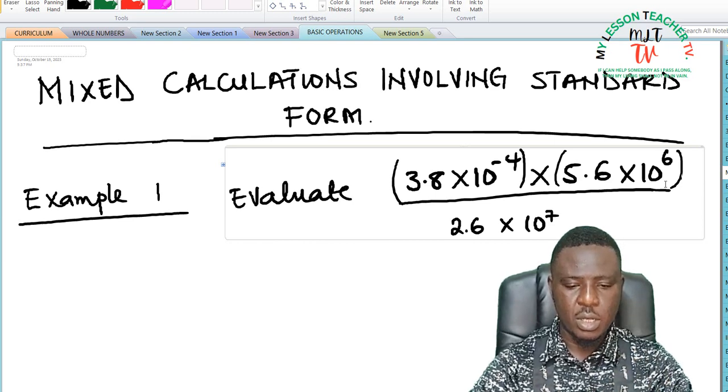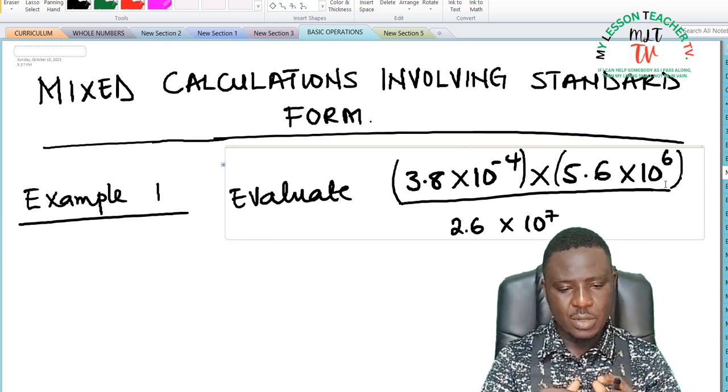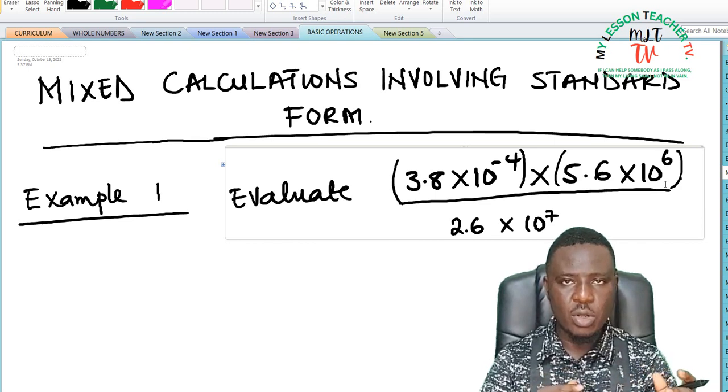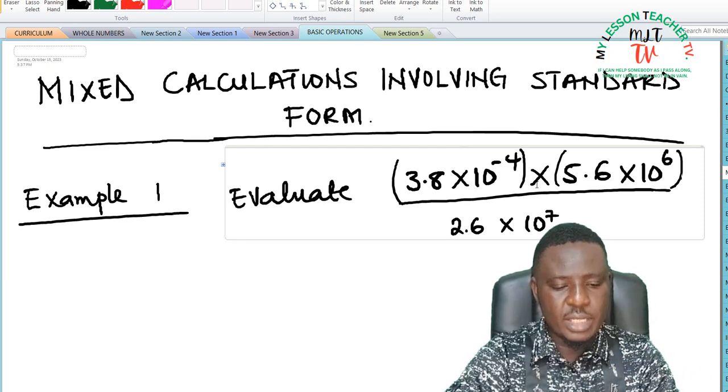So what we are going to do is simplify the numerator, get an answer, and thereafter divide the numerator by the denominator. I have already explained to you how to carry out the basic operations of addition, subtraction, multiplication, and division.